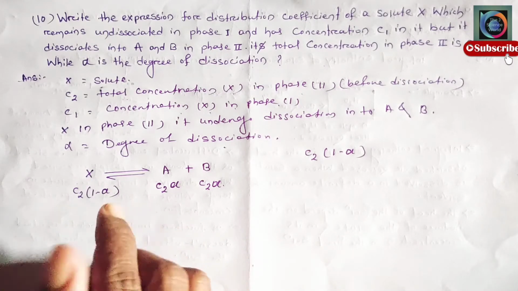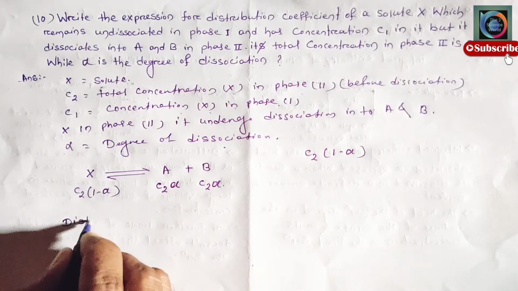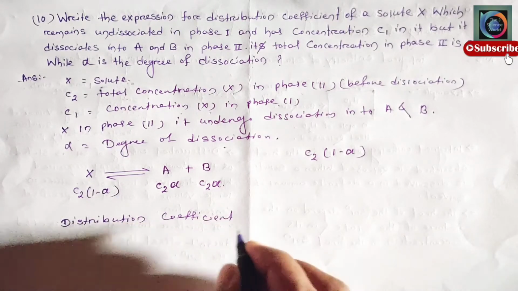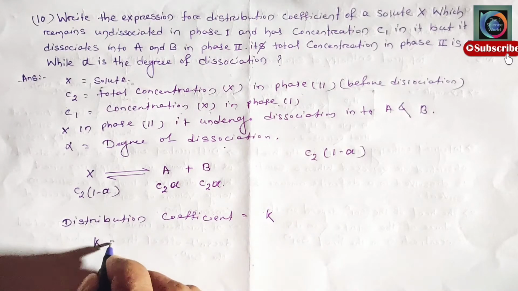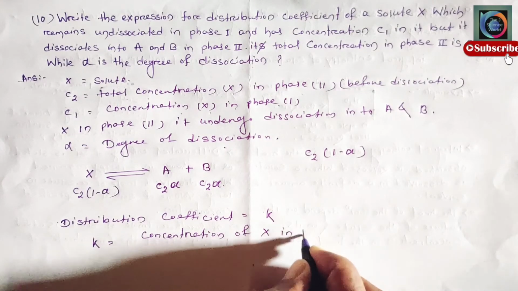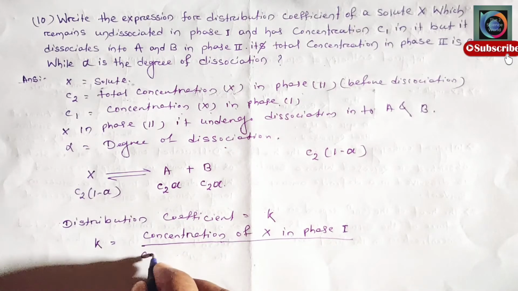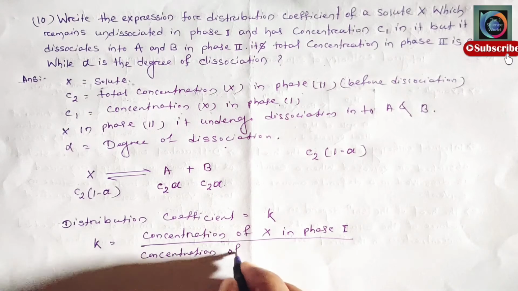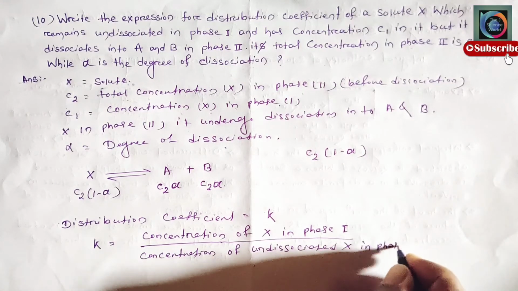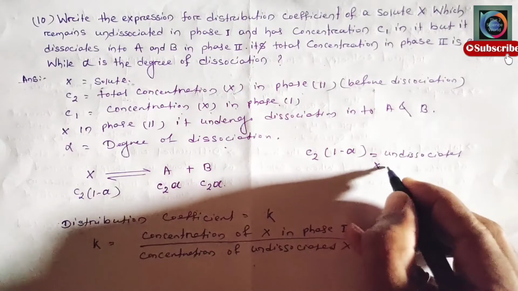As per the distribution law, the distribution coefficient is expressed as K. Here K is the concentration of X in phase 1 divided by the concentration of undissociated X, the solute, in phase 2.